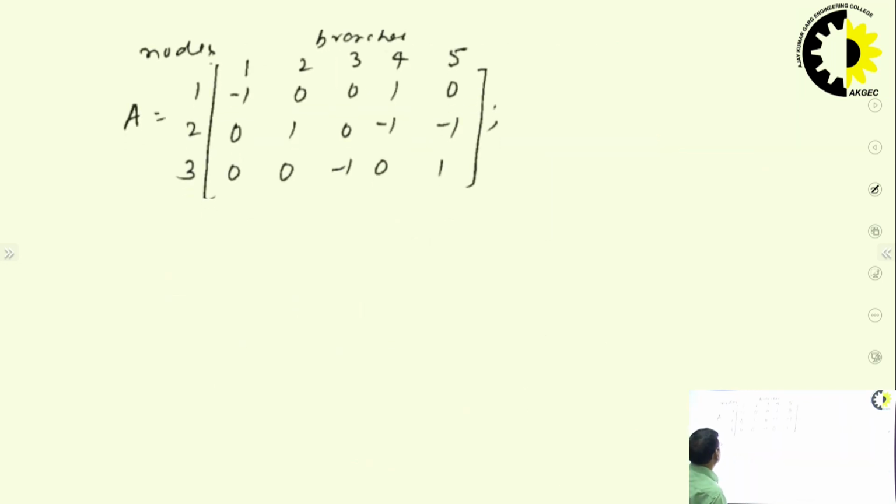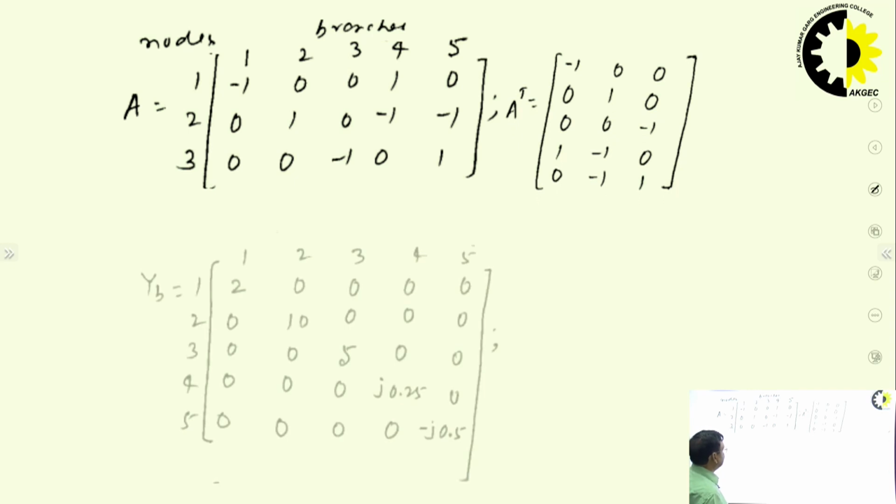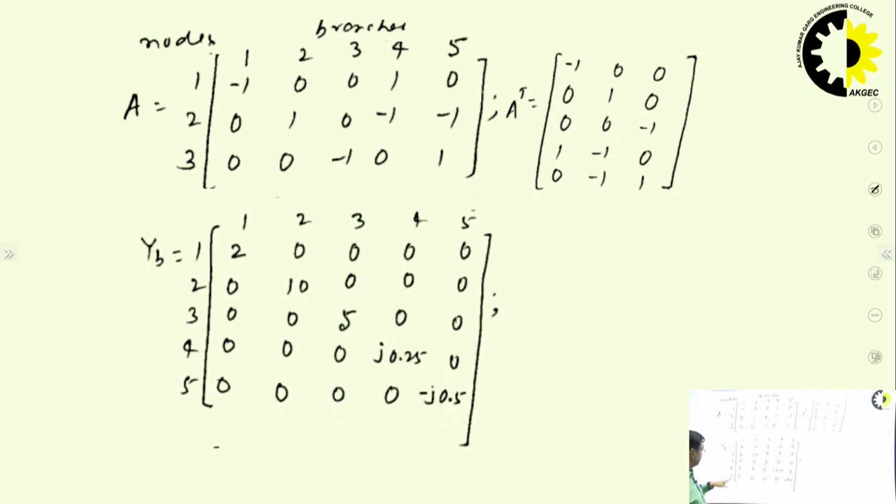Look here: this is the A matrix, A transpose, this is the YB admittance. In the network, admittance is given. If it is impedance, then we can write 1 by ZB. These are the diagonal elements. Off diagonal elements are 0 because there is no coupling in the circuit.